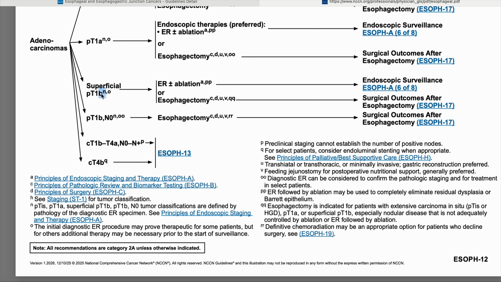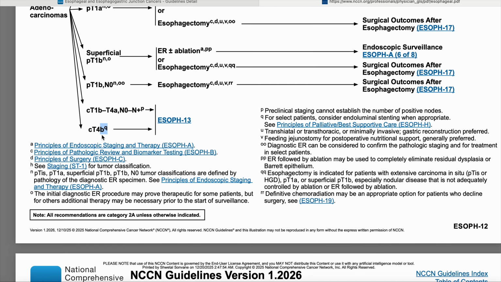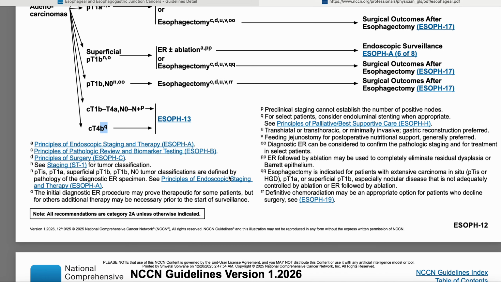And for T1b lesion onwards, we'll go for esophagectomy, which is preferred. And in case of N plus disease or T1b, T4a or T4b disease, we'll discuss later what we have to do. So the initial diagnostic endoscopic resection procedure may prove therapeutic for some patients, but for others additional therapy may be necessary prior to the start of surveillance.